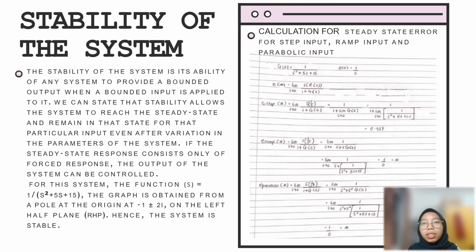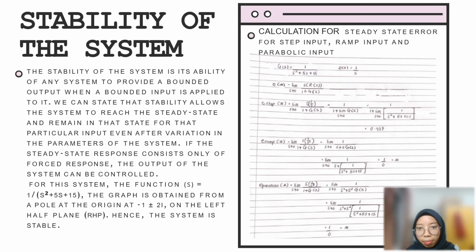For the calculation of steady state error for step input, ramp input and parabolic input, for the step we get 0.937.